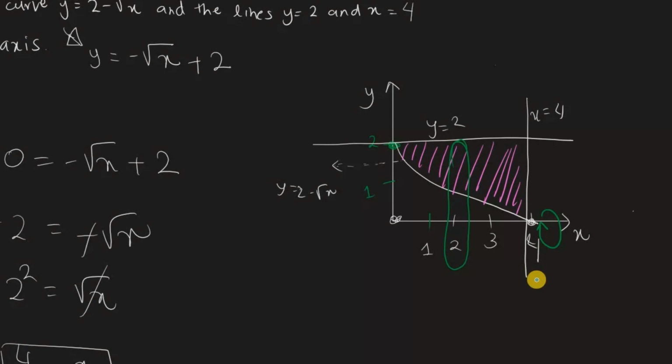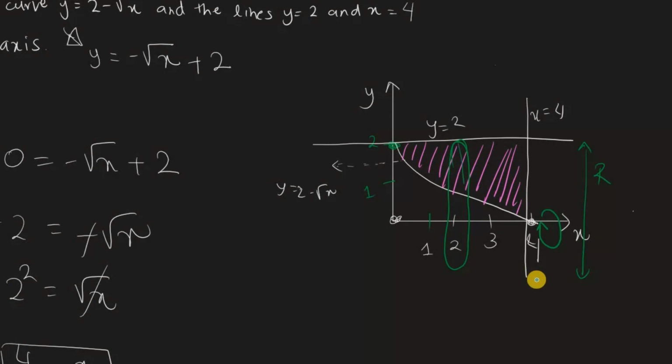In this washer method, we're going to slice the solid that it's gonna form when we rotate it, and take a piece of that solid and then find the volume of that piece. For this we're going to have to take an outer radius and subtract the inner radius.